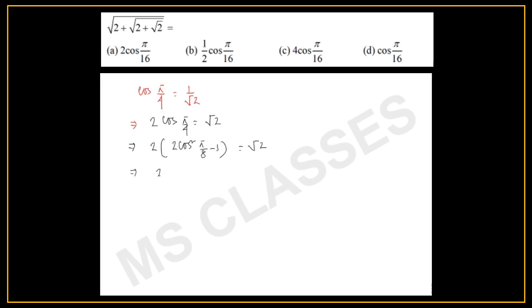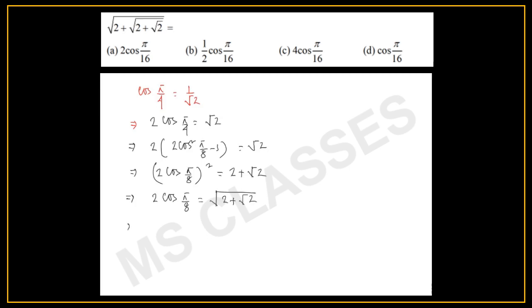This gives us 2 cos pi by 8 whole square equal to 2 plus root 2. Now we know that this is an acute angle, so automatically there is no chance of getting any negative value. So this will be under root of 2 plus root 2.